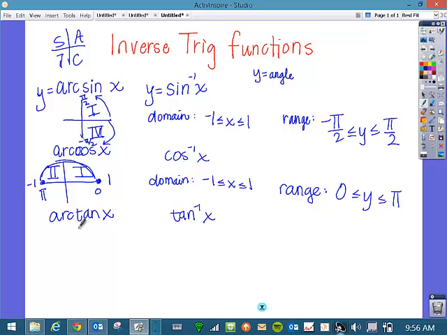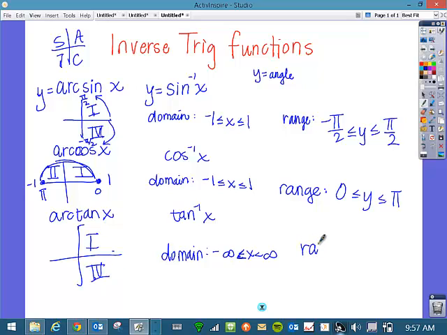And then tangent, arctangent is again same as arcsine, restricted to the first and the fourth quadrant. So again, your domain is actually negative infinity to positive infinity, basically, because this is like undefined, 0, undefined, so it's kind of everything.